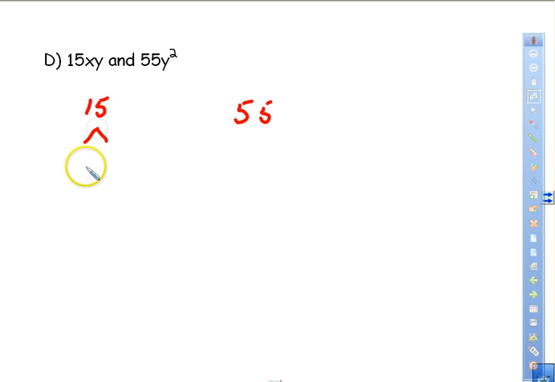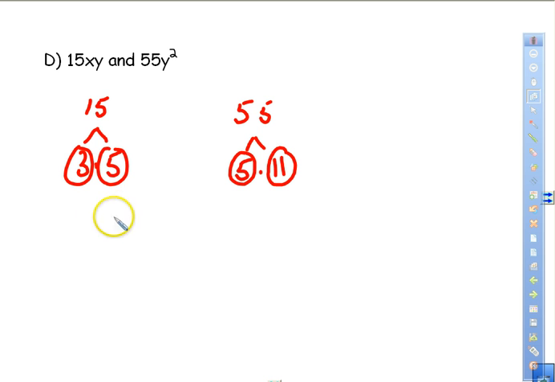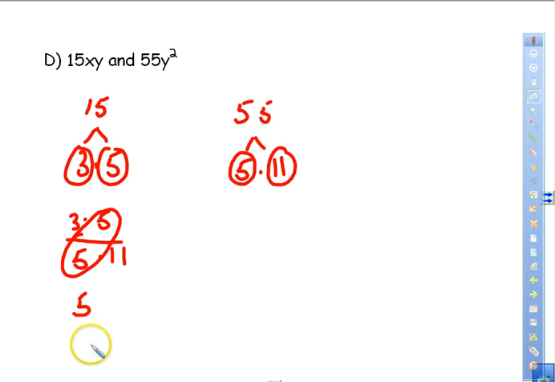And I have 3 times 5. And I'll do 5 times my 11. So I circle the 11, circle the 5, they're both prime, and I compare. And I have 3 times 5 and 5 times 11, and what's common are my 5s.